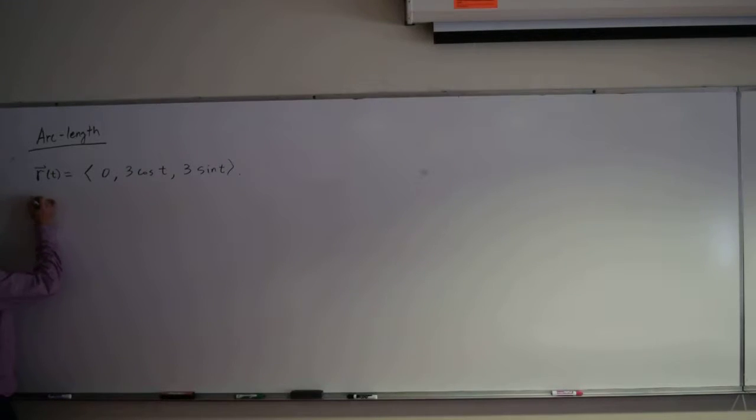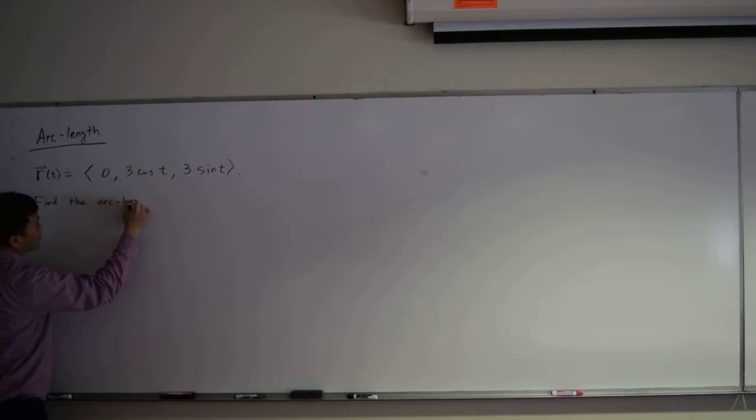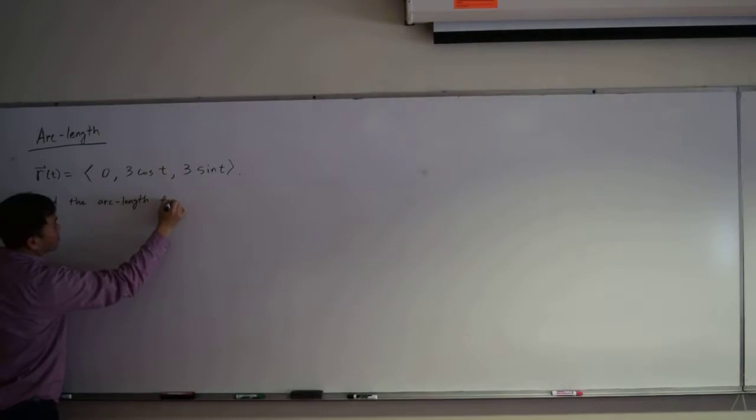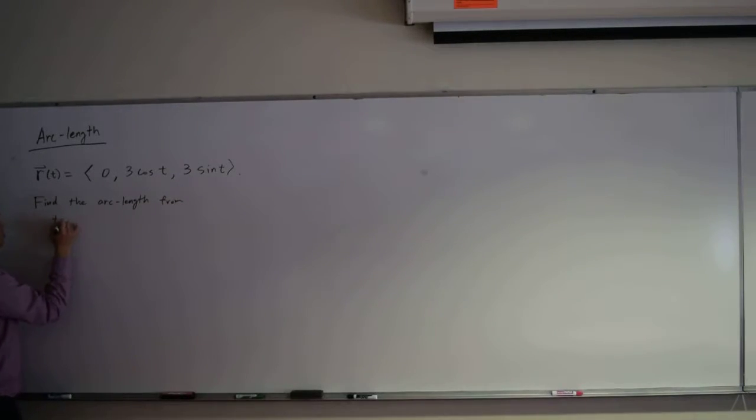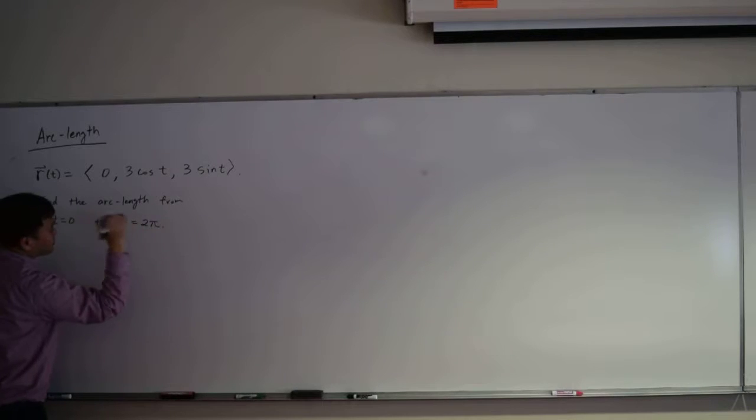And the question is, find the arc length from t equals 0 to t equals 2 pi.